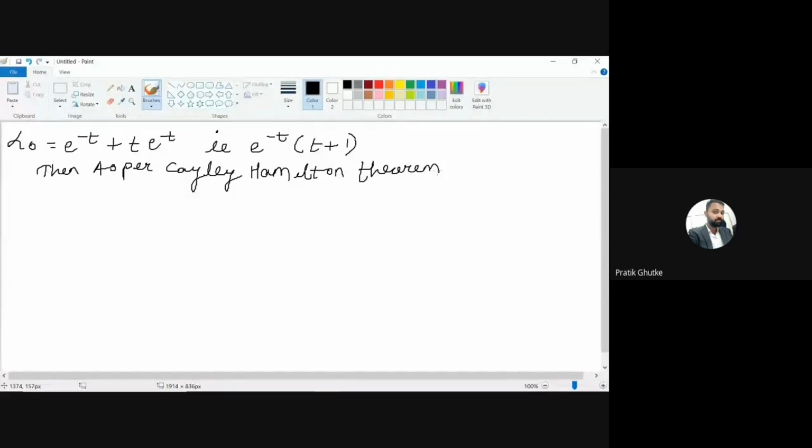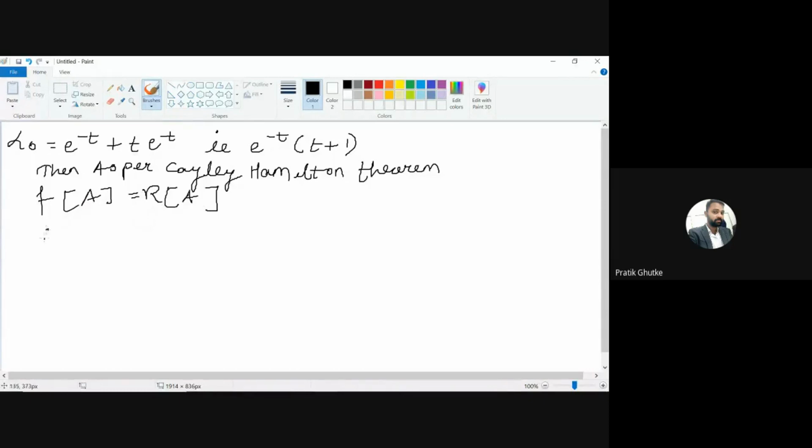So as per the Cayley-Hamilton theorem, f of A equals r of A. So then what will be my principle of e raised to minus At?